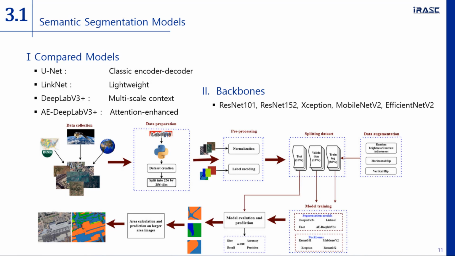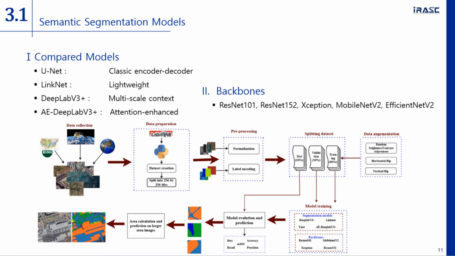The second model is LinkNet. It is also based on an encoder-decoder structure, but it is more lightweight and computationally efficient. The third model is DeepLab v3+.